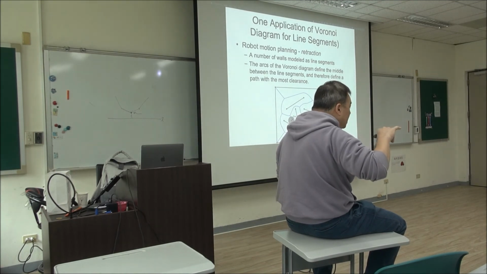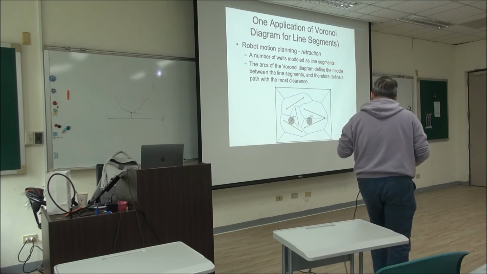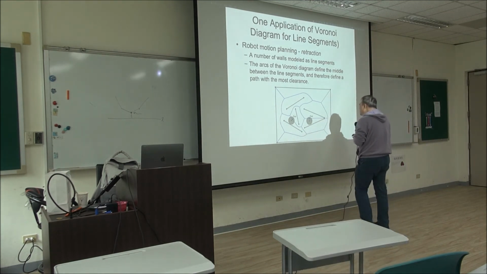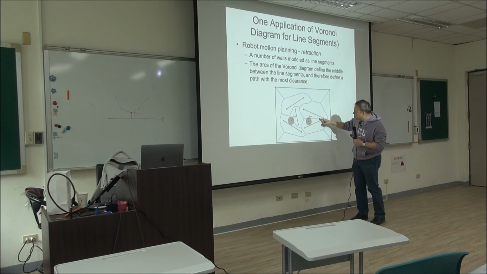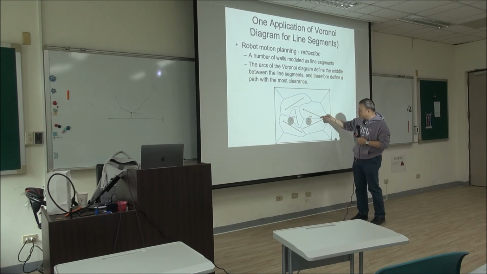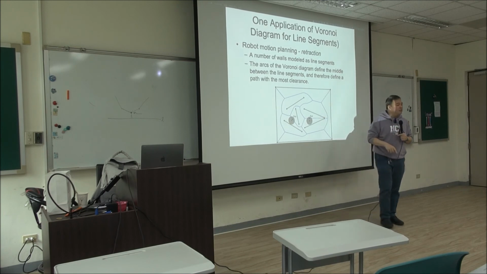And for each point on the Voronoi diagram, you can obtain the distance to the closest side. This shouldn't be difficult. For example, for this point, the closest distance to the nearest side will be either this one or this one, and it can be computed very easily.